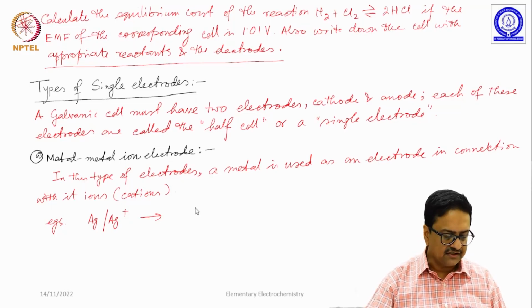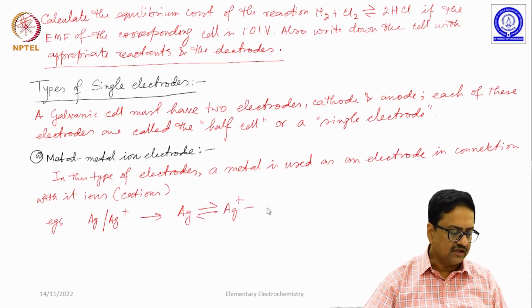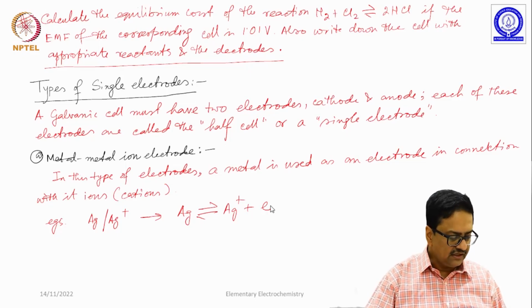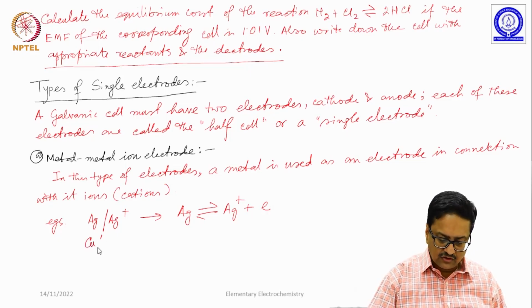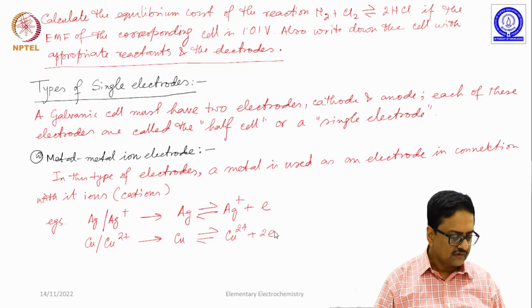where the reaction is silver is in equilibrium with Ag+ plus 1 electron. Similarly, copper 2+, where the reaction is Cu metal is in equilibrium with Cu2+ and 2 electrons.